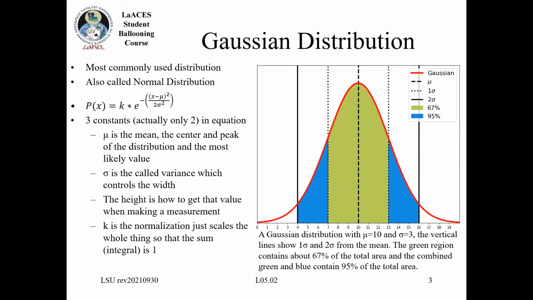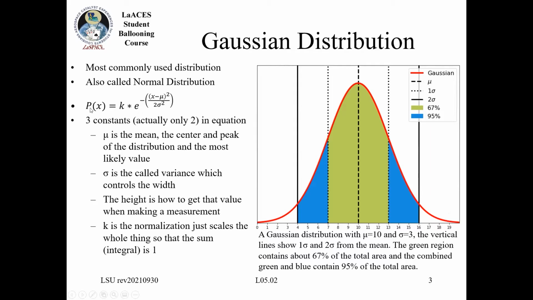So like I said, the most common distribution you will run into is the Gaussian distribution. It's the normal distribution, often called a bell curve, right? You can see that it has this particular shape. If you were to look at the formula for it, it would have this form given by this equation here, right? And you'll see that there are basically three constants in this equation.